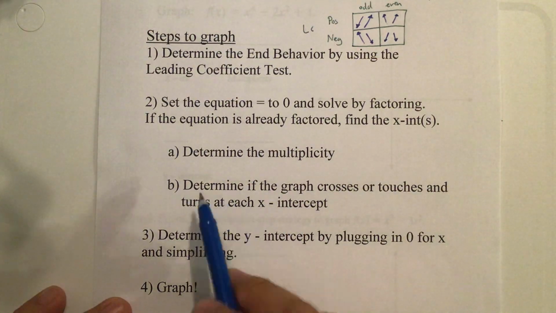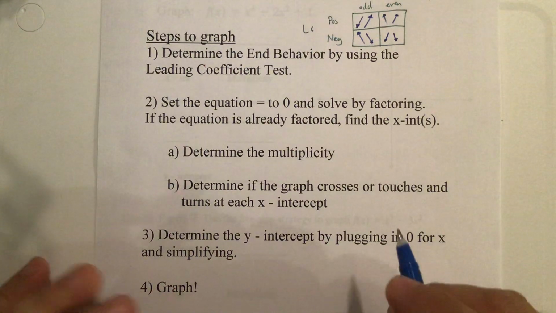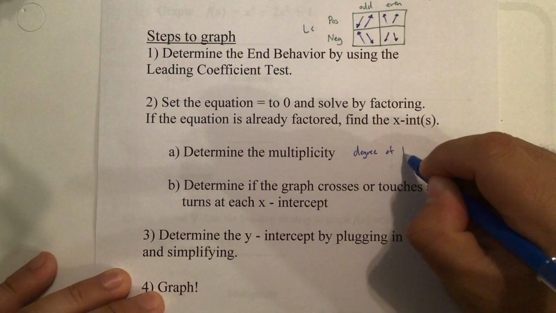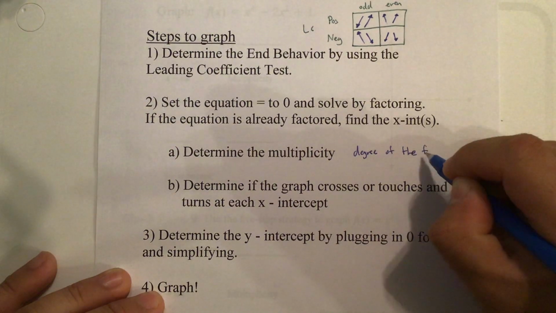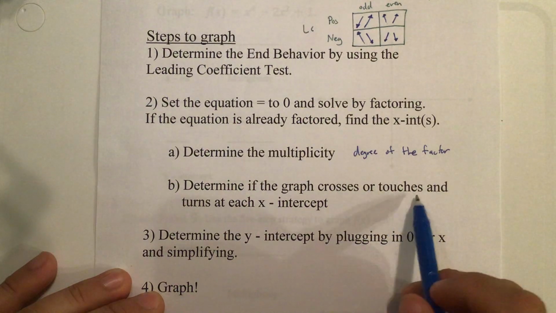Let's see, if it is, oh, it's right here. Determine the multiplicity, that's the degree of the factor. And determine if the graph crosses or touches and turns.